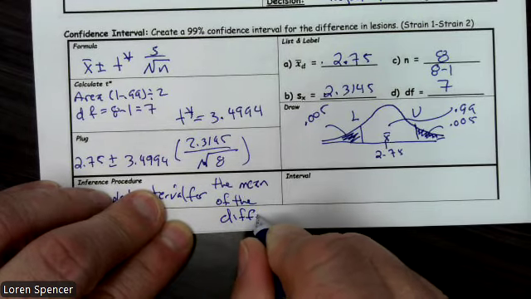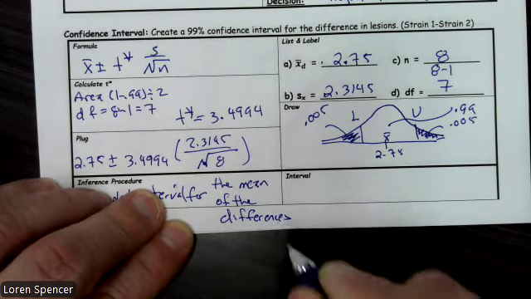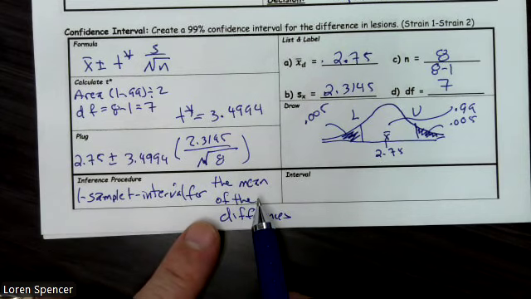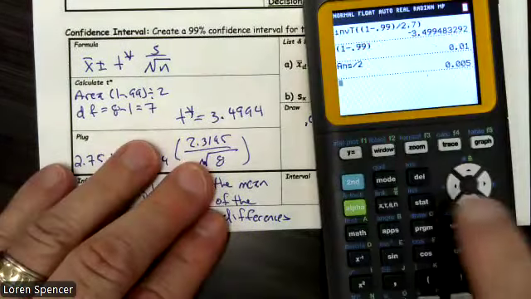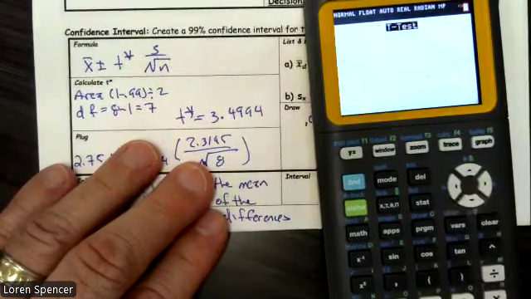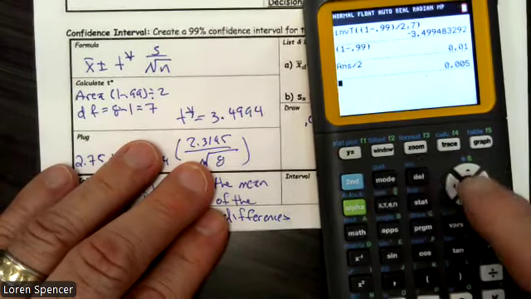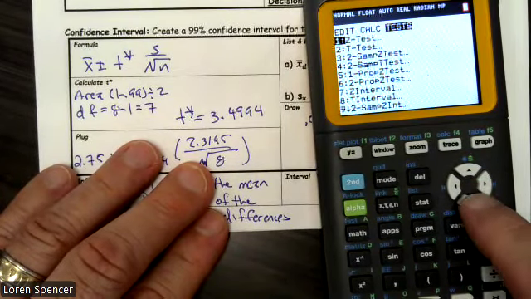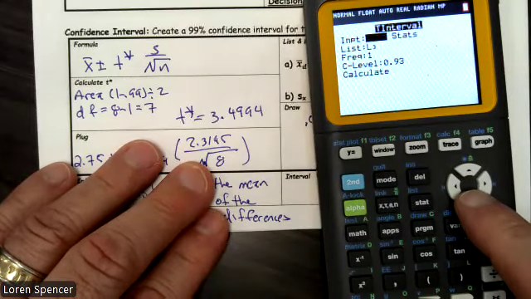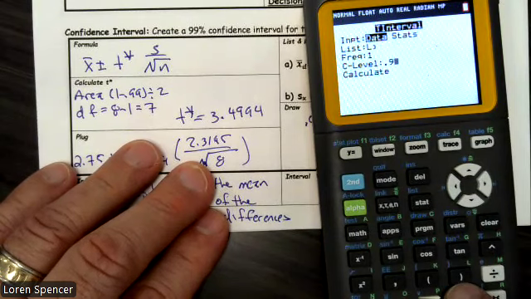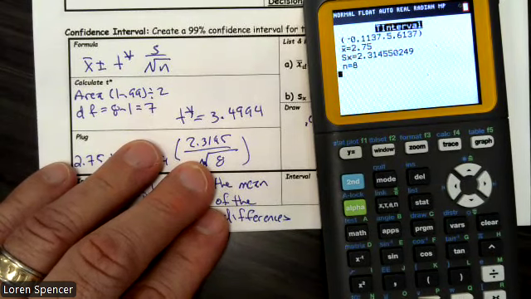So mean of the differences, because at some point this is going to change. Then stat, test, t-test, excuse me, we're not running a t-test, we're running a t-interval. Stat test, t-interval. We can use our data, make a confidence level of 0.99.